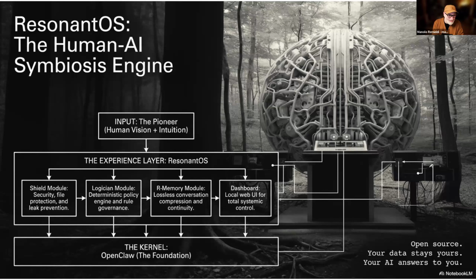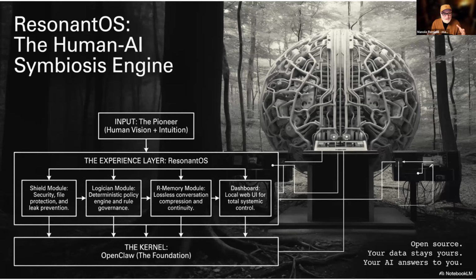So if you see the shield inside ResonantOS, it's not just to stop the external attack, prompt injection, the thing that you would think the shield should do, but it also protects the AI itself so it doesn't break itself. So it cannot write in some documents, it can't change the system prompt, the system files, unless we allow it to do it.